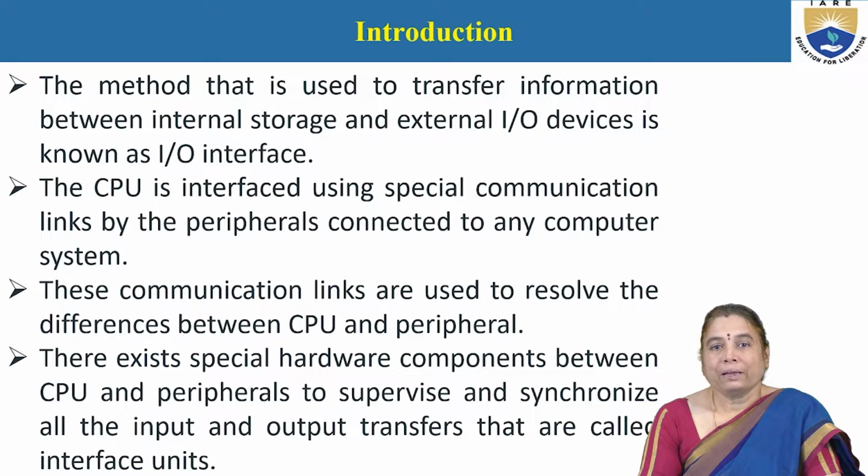The output device can collect the processed information from the computer and represent it in a user understandable form with the help of output devices. Thereby, the output devices provide the interaction between machine to man. So, both the input and output devices combined can be referred to as the peripheral devices.